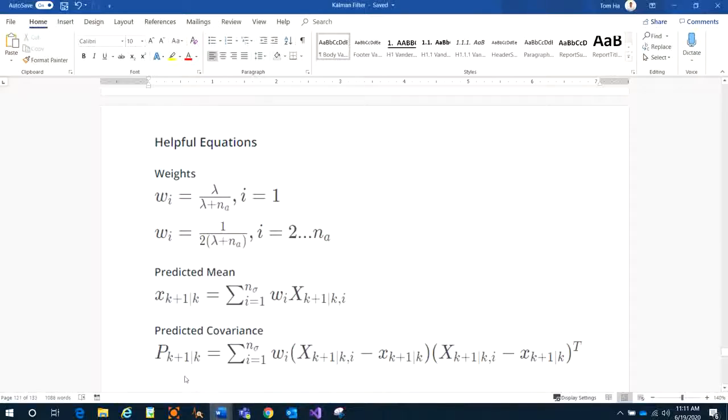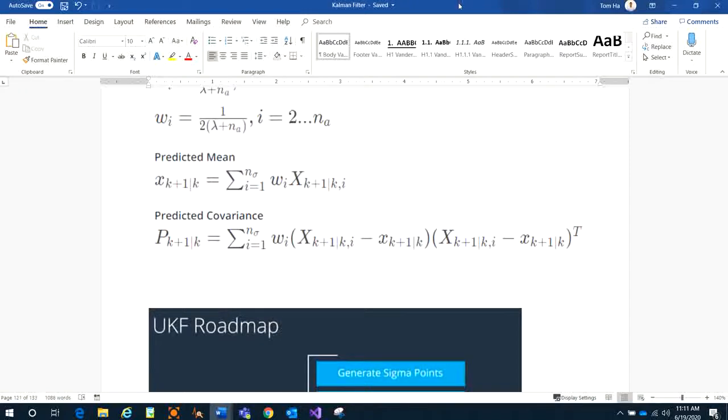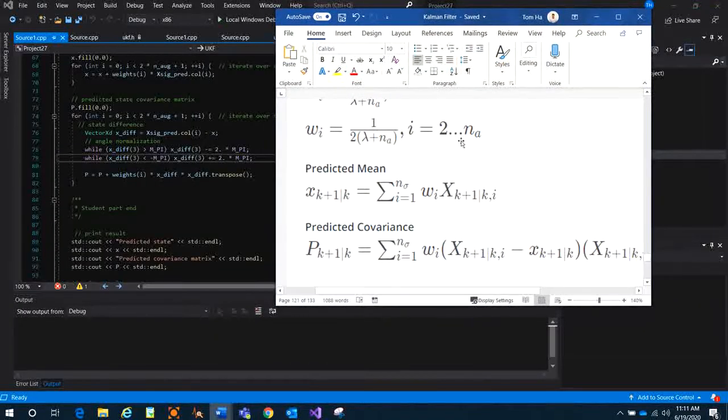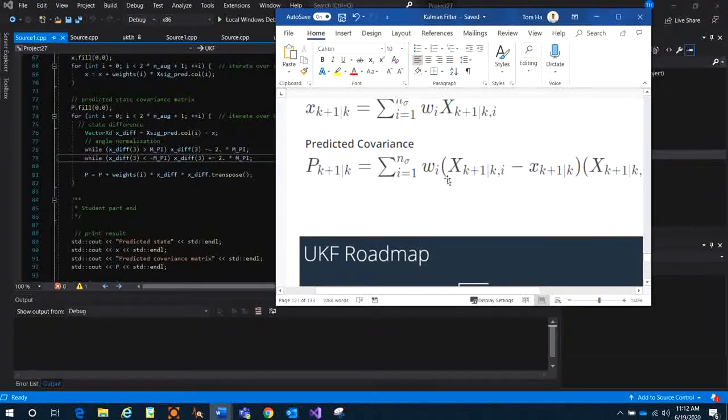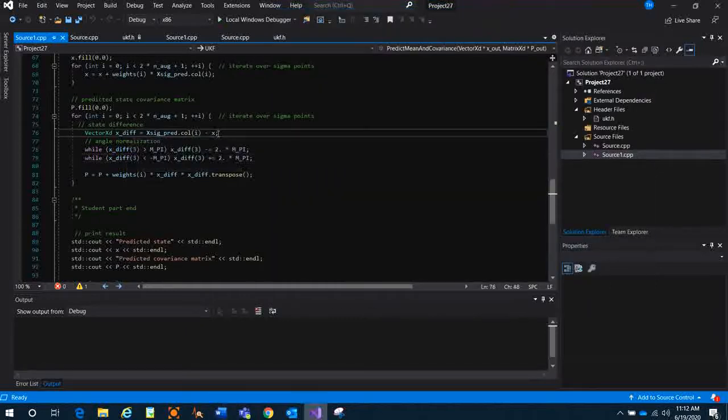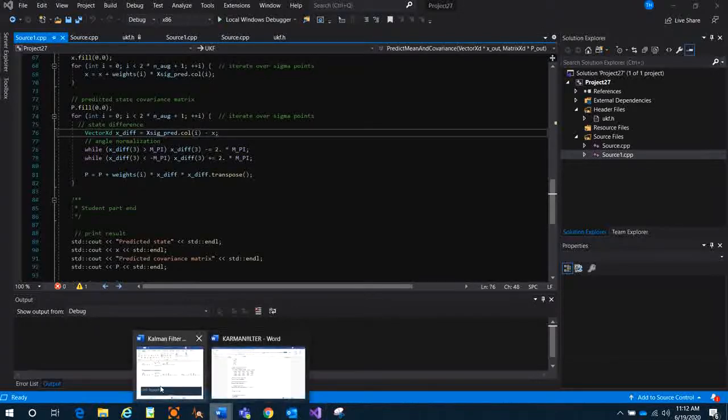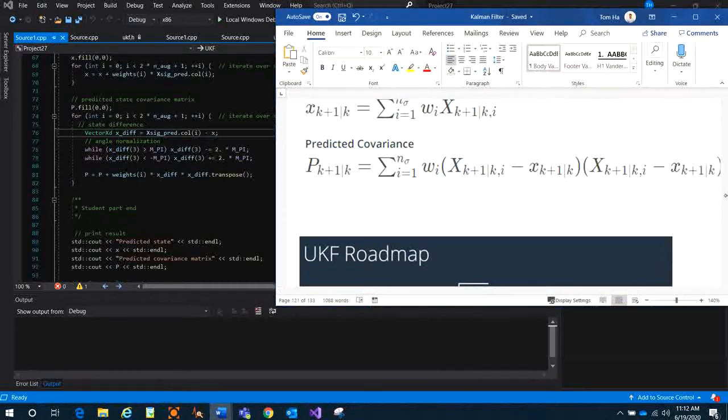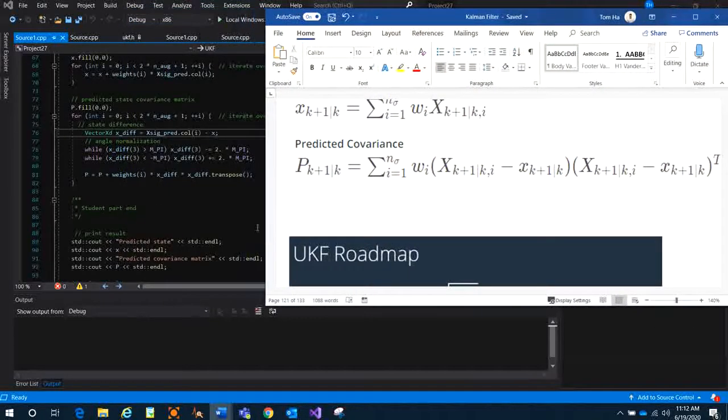Let's look at the formula a little bit. They calculate the predicted covariance as the sum of the difference between the mean state from the prediction and the mean state, times its transpose.